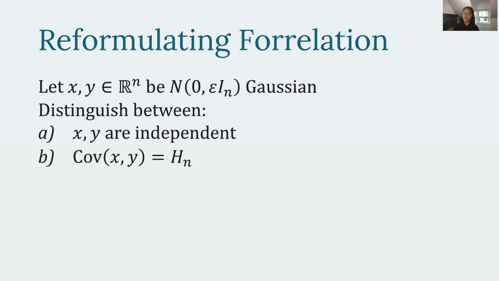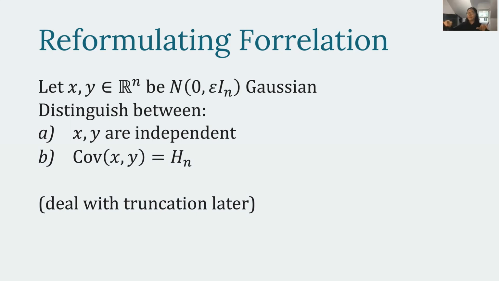I want to distinguish between the cases where x and y are independent and where the covariance of x and y is equal to the Hadamard matrix. I also said earlier that your distribution should be contained within the block from -1/2 to 1/2, but if you set epsilon appropriately, you can do some truncation to make it all work out.